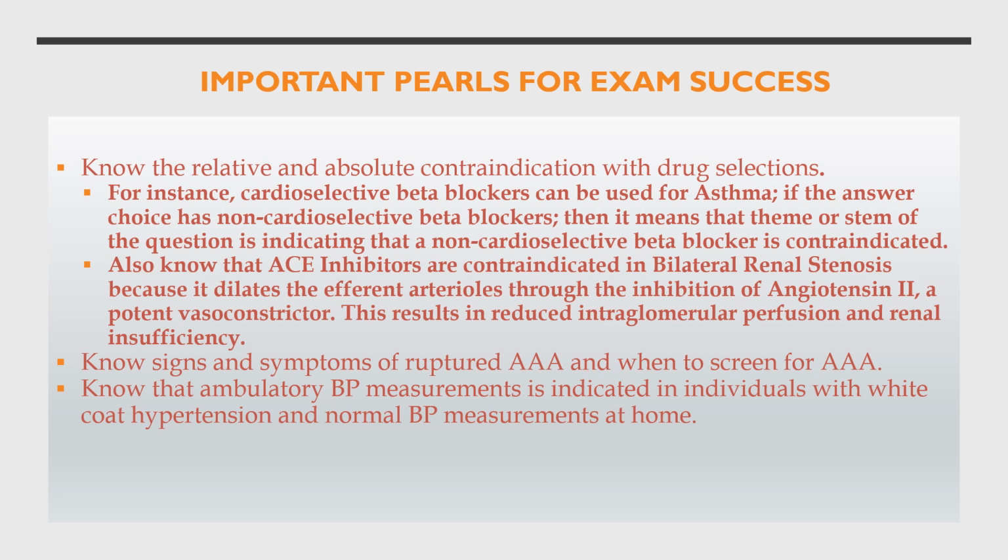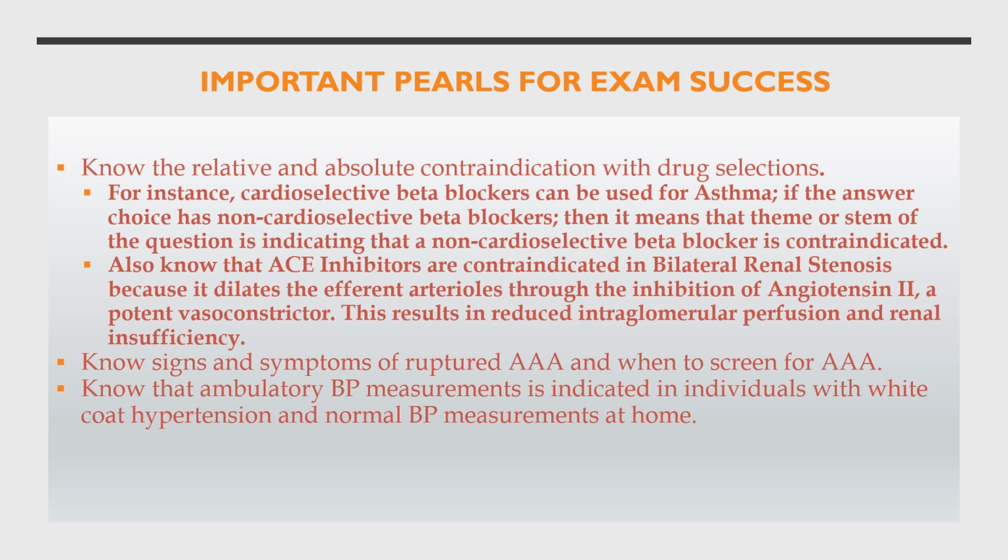Under pearls, it is important to know the relative and absolute contraindications with drug selection. For example, cardioselective beta blockers can be used for asthma. If the answer choice has non-cardioselective beta blockers, then it means that the theme or stem of the question is indicating that a non-cardioselective beta blocker is contraindicated.